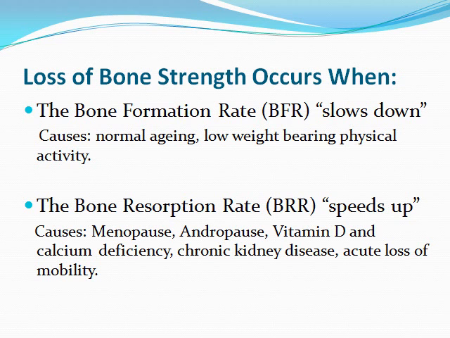It doesn't have the same consequences as with women, but the drop of estrogen causes the osteoclast to become activated, just like it does in women. Also vitamin D and calcium deficiency, chronic kidney disease, CKD, and acute loss of mobility can all lead to activation of the osteoclast and an increase in bone resorption rate.